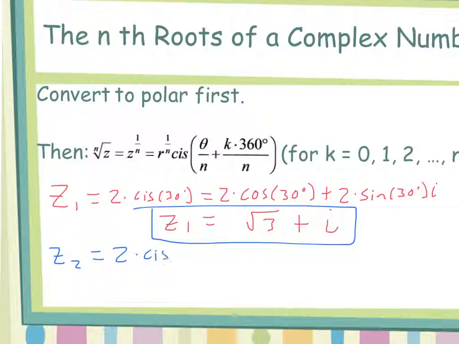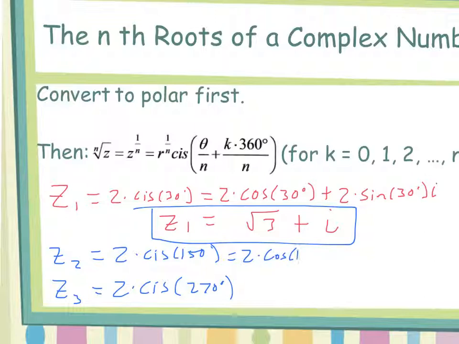Remember the other 2 roots that we had were 2 cis 150, and the third root that we found was 2 cis 270. By the exact same process, we could take this and write it out. 2 cosine of 150 plus 2 sine of 150 times I. Okay, evaluating each of those components.